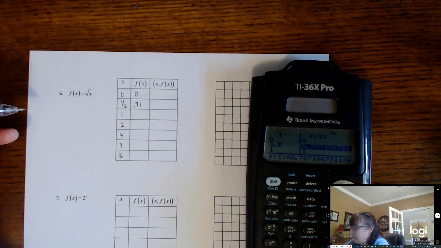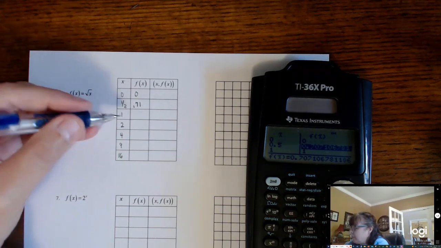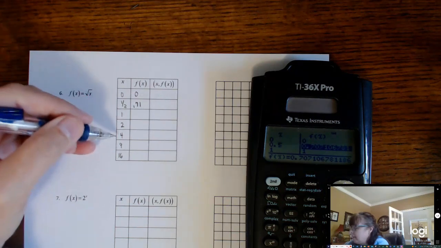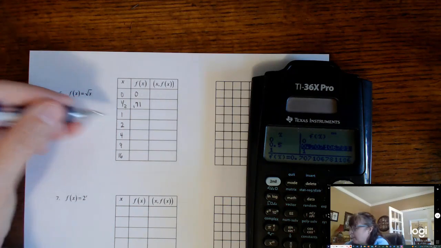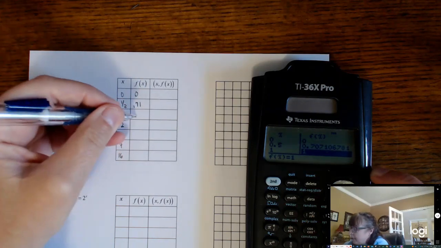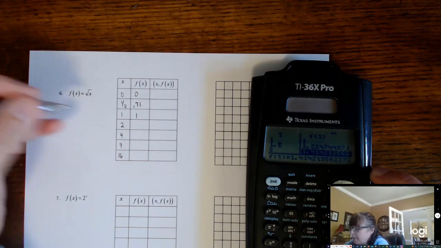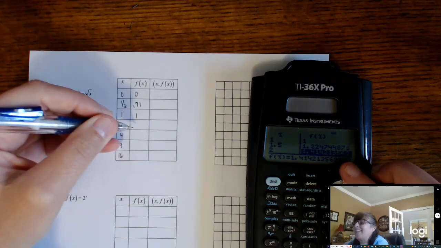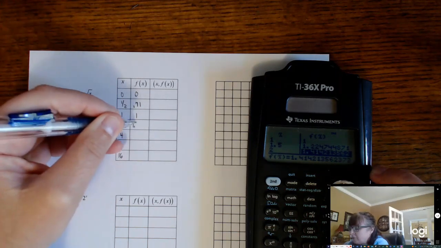But that leads me to the next point I wanted to make. You can pick whatever you want x to be. So it's a smart idea to pick perfect squares so that you get nice numbers. So if I pick 1, I get 1. If I pick 2, though, see how I get that? The square root of 2 is irrational, so we're going to have to round that.